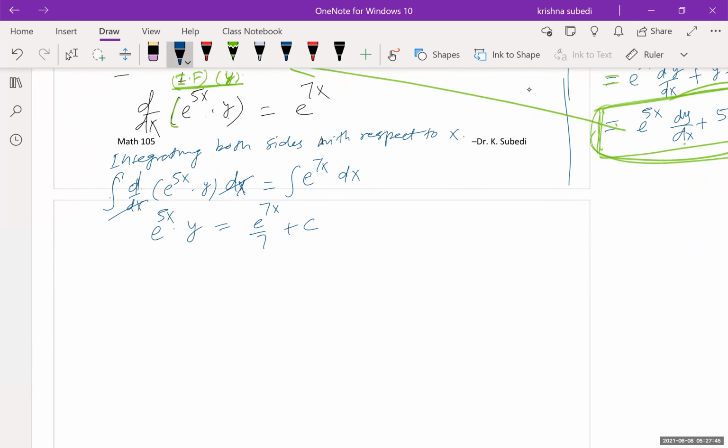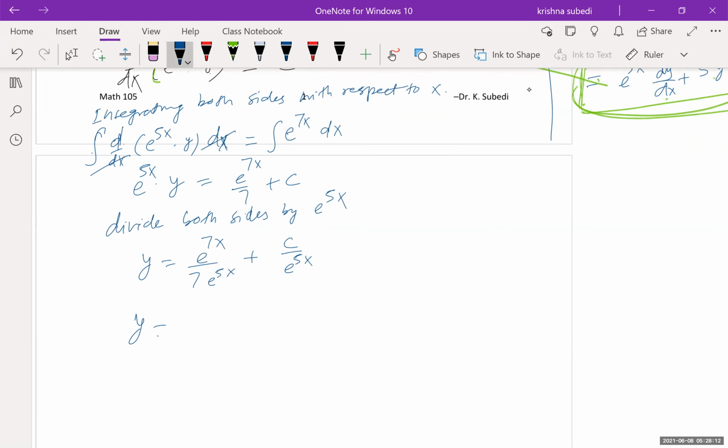Now our goal is to find the value of y. So therefore y equals, you divide both sides by e to the 5x, okay? So you're going to get y equals e to the 7x over 7 e to the 5x plus c over e to the 5x.